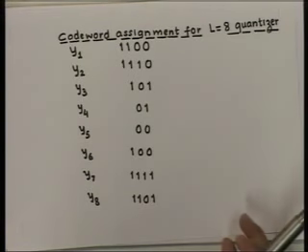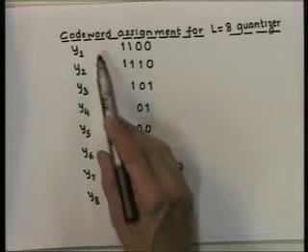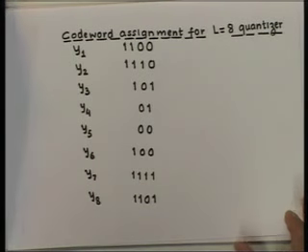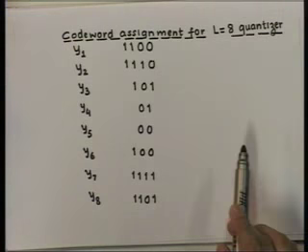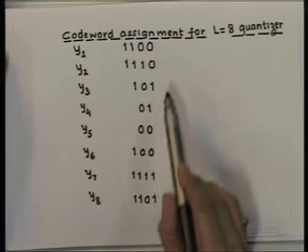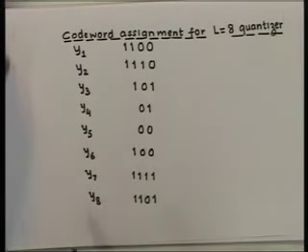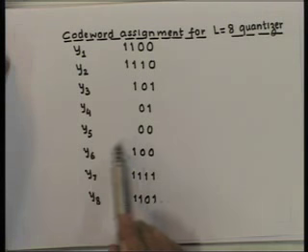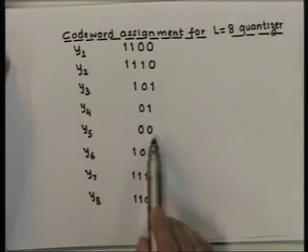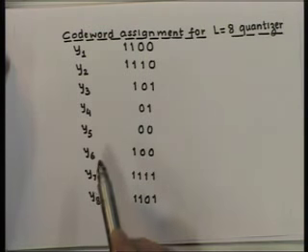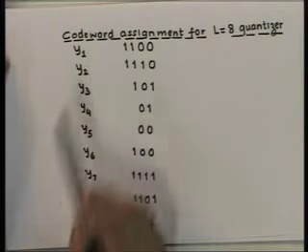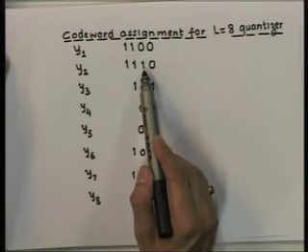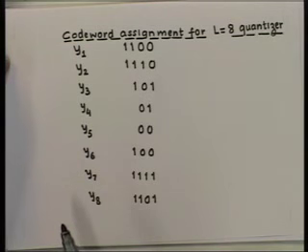For example, let us look at the code word assignment for L equal to 8 quantizer. According to this code word assignment, if the output Y5 occurs, we use 2 bits to encode it, while if the output Y2 occurs, we need 4 bits to encode it.